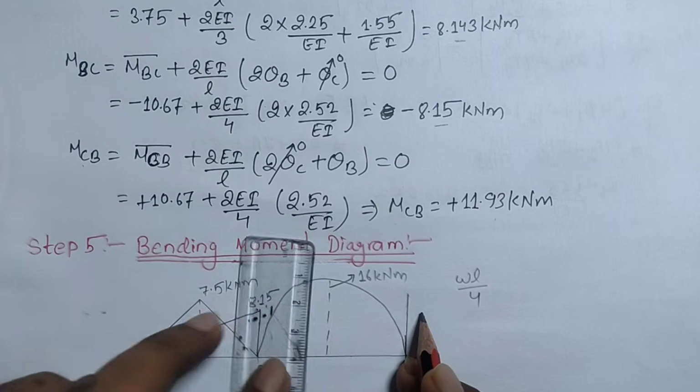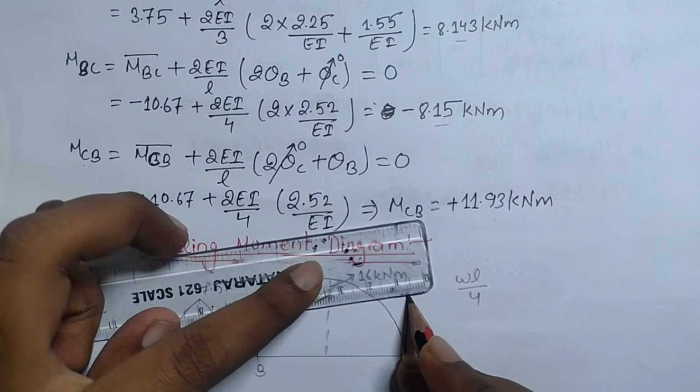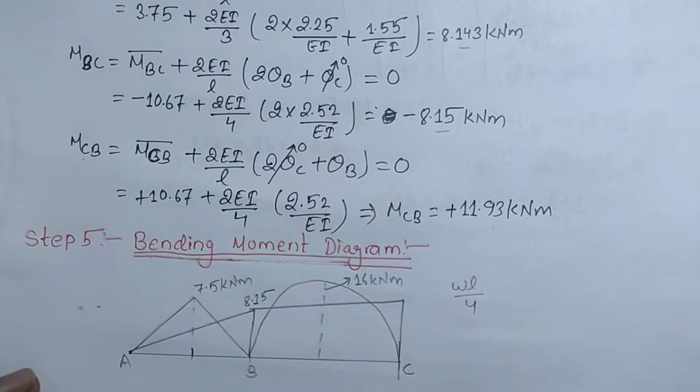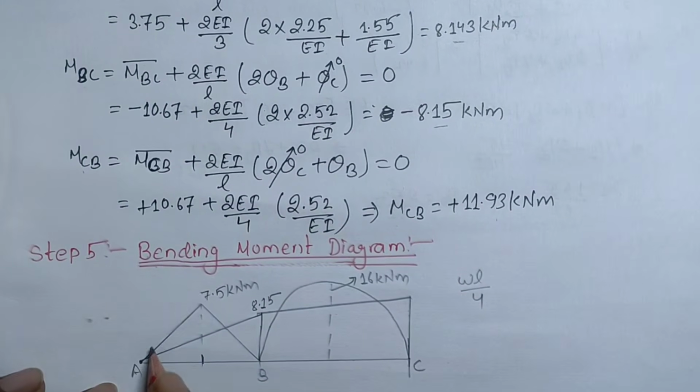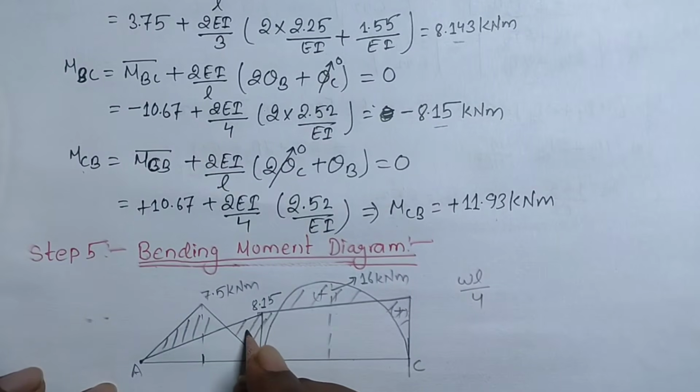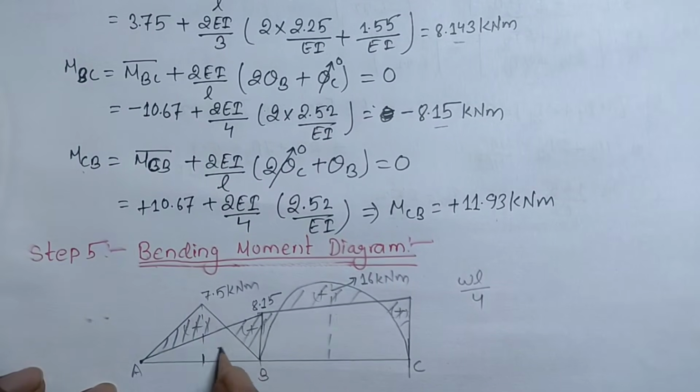Here it comes. Now after doing this, shade this excess portion. Now what we need to do is mark this positive, positive, and this negative, and this was our final step.